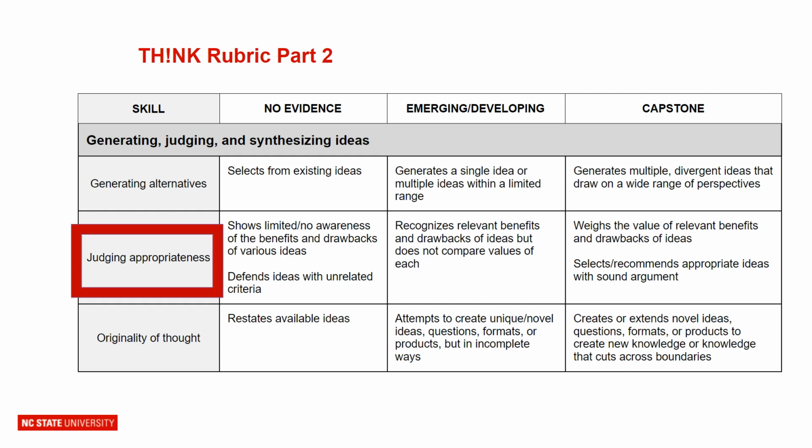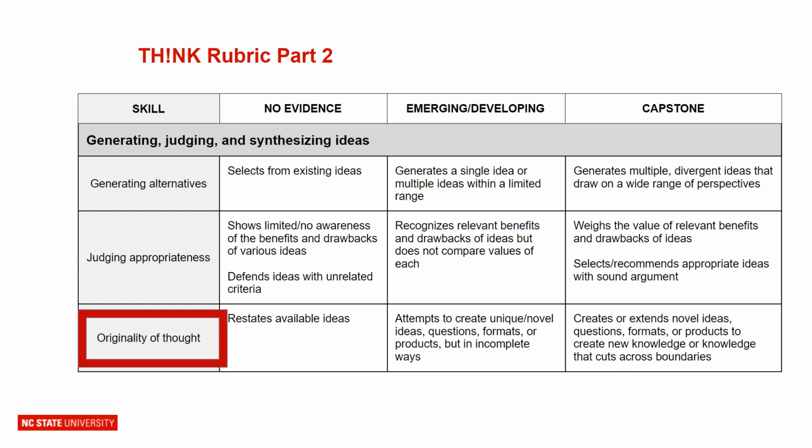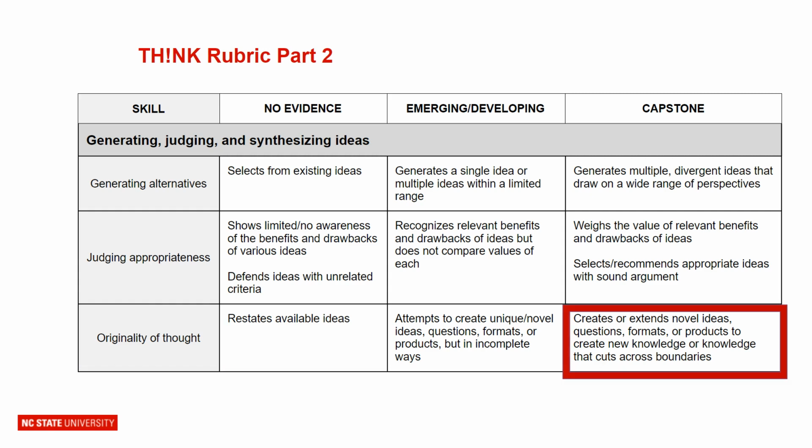For judging appropriateness, capstone: weighs the value of relevant benefits and drawbacks of ideas, selects and recommends appropriate ideas with a sound argument. And originality of thought, capstone: creates or extends novel ideas, questions, formats, or products to create new knowledge or knowledge that cuts across boundaries.